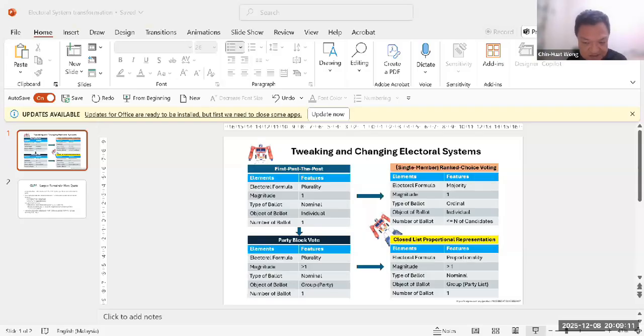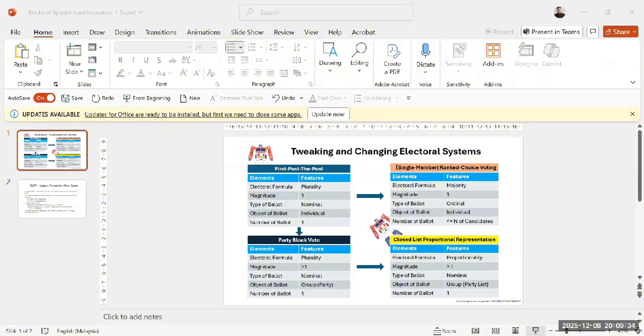Is that clear? Anyone else other than Aisha and Joey? Yisheng, thank you. So is that clear now that you know why we are exploring closed list proportional representation?